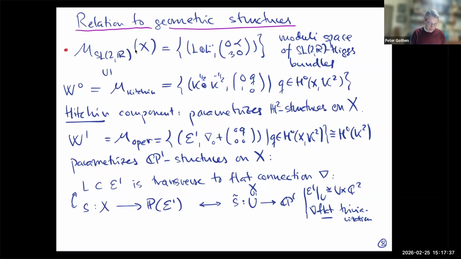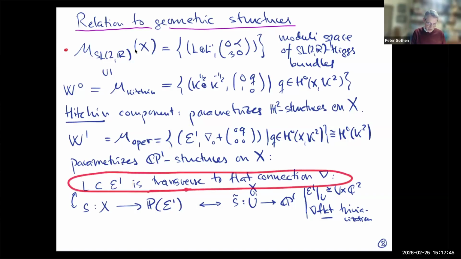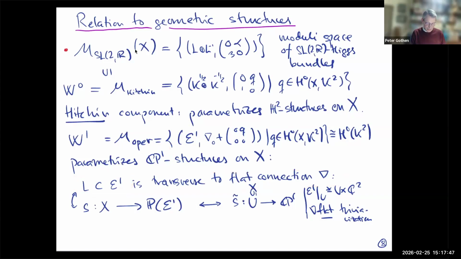Well, in this case, this L is just our K to the half. Inside here, this is actually something that's transverse to our flat connection. What does that mean? That means that if I do take some flat trivialization on my bundle with respect to this flat connection, then this line is just a point in this corresponding projectivization.